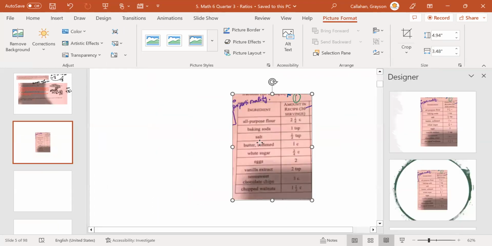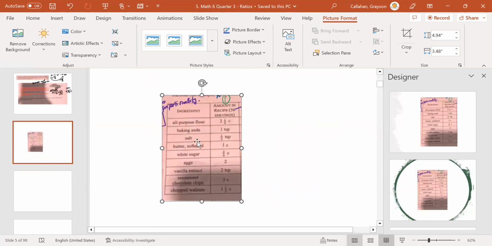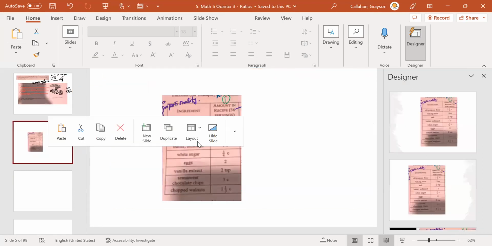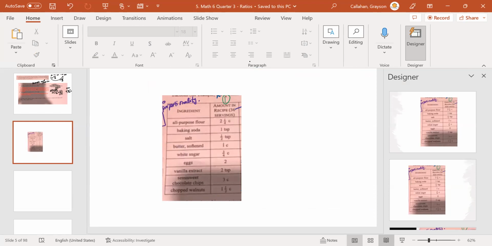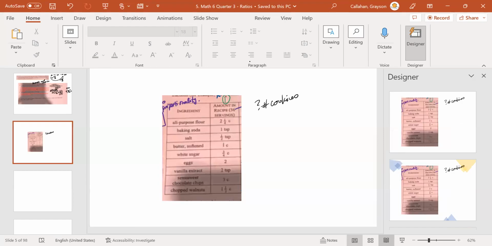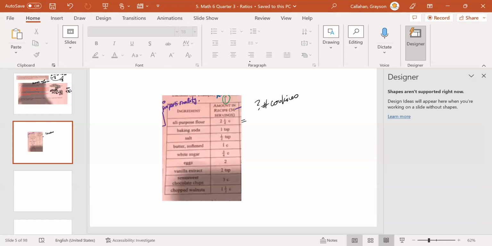So for that last question, rather than using 36 cookies, what other number of cookies can I do to make this a little bit easier? Because remember, 2 1/4 is going to be 9/4, 3/4, 3/2. Is there another multiplier that will be easier to get to that point?